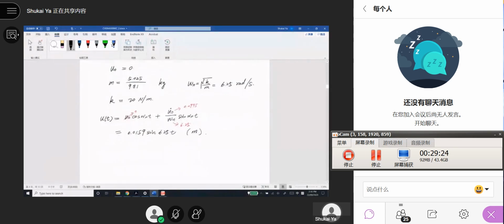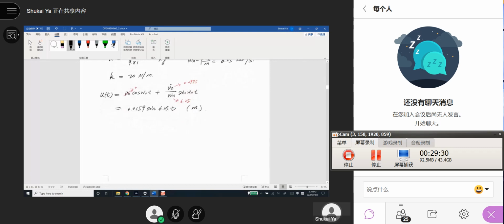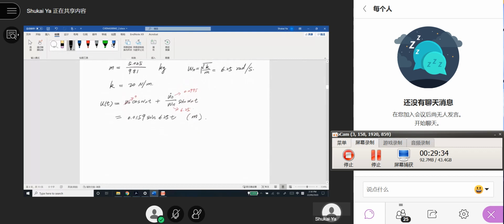And now, if we want to draw it, the initial displacement is 0, the initial velocity is equal to 0.0995.